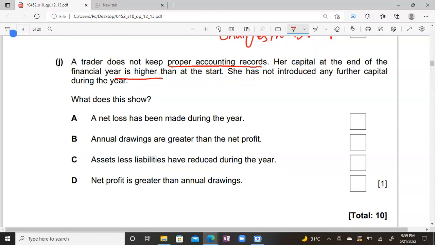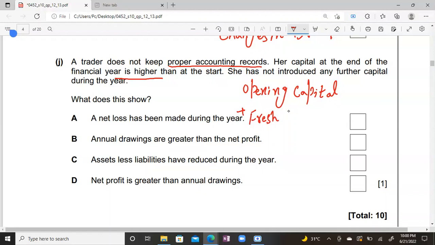Normally, in the balance sheet for the sole trader, in the capital section, we write opening capital. With this opening capital, we add the further capital, your fresh capital introduced during the year.